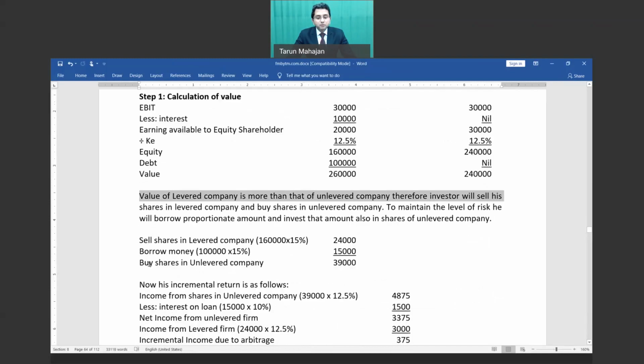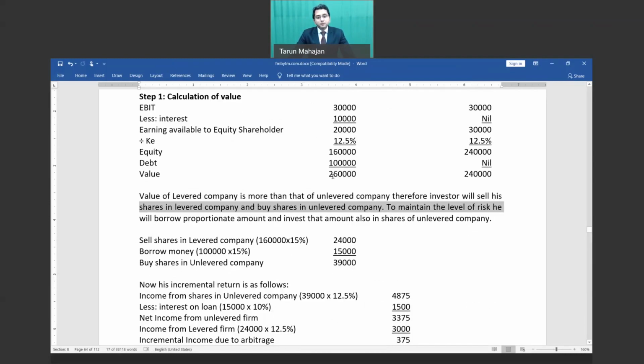How? That I will definitely tell you. Value of levered firm is more than value of unlevered firm. Therefore, investor will sell his share in levered company. What do you do in arbitrage? Sell expensive and buy cheaper. So investor will sell his share in levered company, and with that money, he will buy shares in unlevered company.